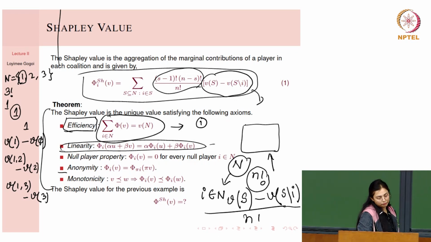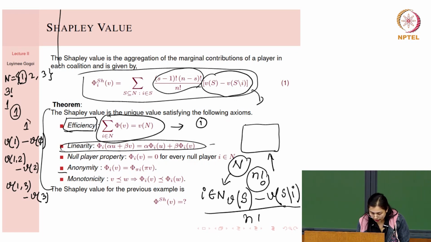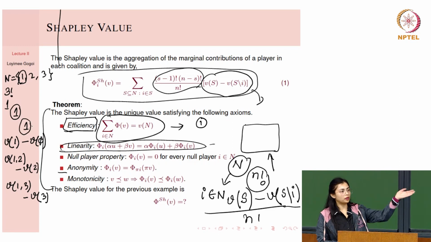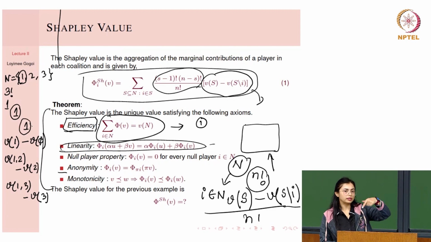Now, when he is the third in the queue, what are the possibilities we have? Before that, either 2 then 3, or 3 then 2 can enter. These are the possibilities, right?